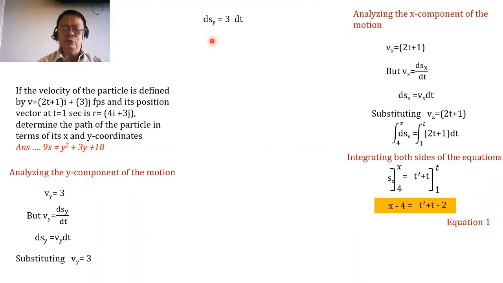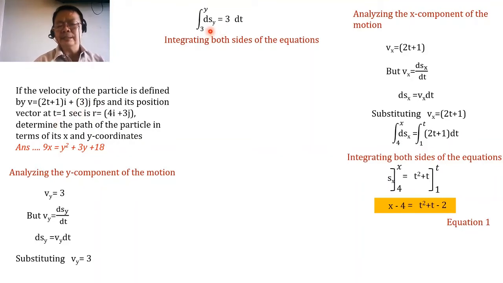And if we are going to evaluate again the limits of integration, with the lower limit at 3 when t equals 1, therefore the limits of s sub y will be from 3 to the value y, and the limits of integration of t will be from 1 to t. If this will be integrated, the left hand side would be equal to s sub y evaluated from 3 to y, while the right hand side will be equal to 3t evaluated from 1 to t.